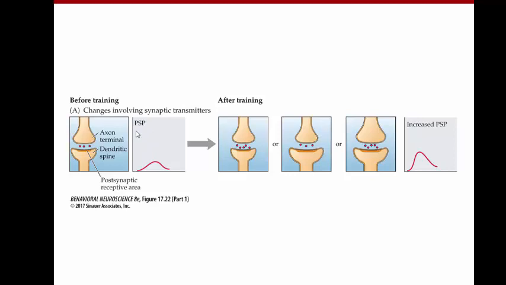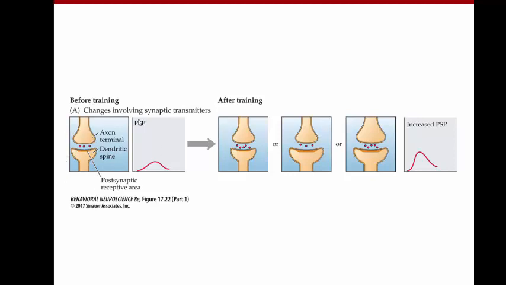So remember that when you have neurotransmitters come across and bind to receptors, that changes the postsynaptic potential of the postsynaptic neuron, which means that if you're having an excitatory postsynaptic potential, that makes this neuron more likely to fire. If you have an inhibitory postsynaptic potential, this makes this neuron less likely to fire.